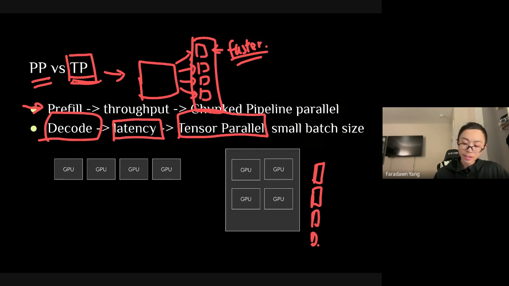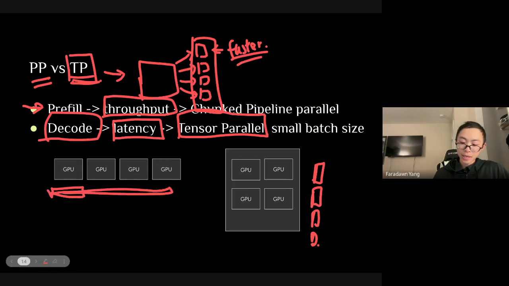Pipeline parallelism improves throughput because previously you could only have, say, one request, but now you can have the first request in GPU 1 and then move it to the second GPU on the second step.